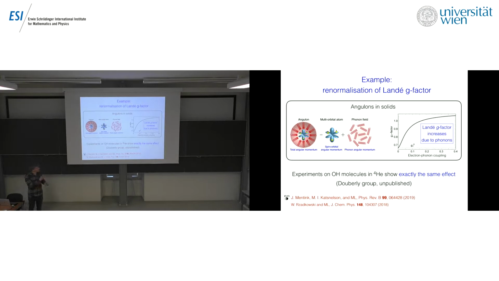And I would like to flash some of the results that we obtained. In a similar way to molecules in superfluids, we introduced angulons to describe electrons in solids. It's just our first very rough paper. The idea is that instead of a molecule, you have a many-electron Hubbard impurity.